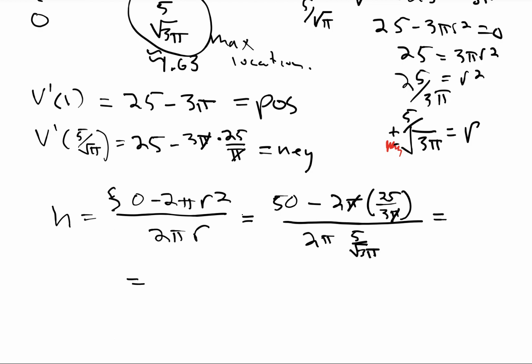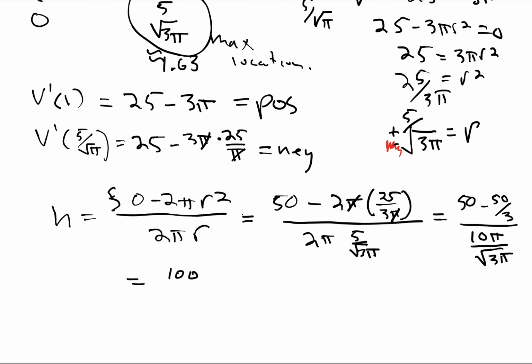So let me actually clean that up. 50 minus 50 thirds all over basically 10 pi over root 3 pi. If I find a common denominator up top and subtract, I've basically got 150 thirds minus 50 thirds.